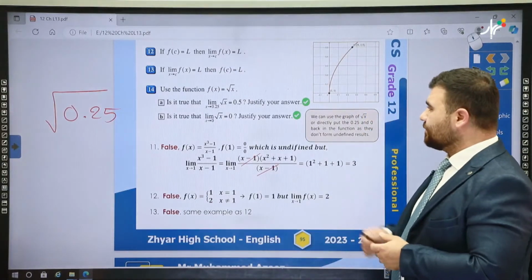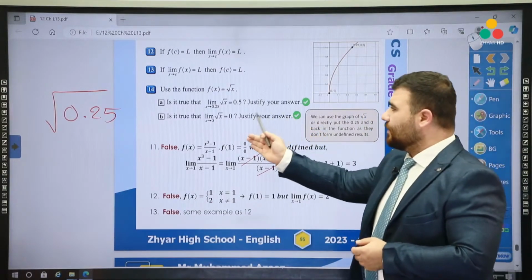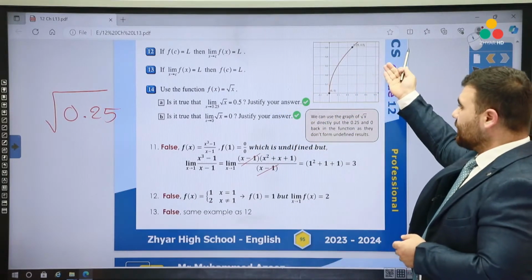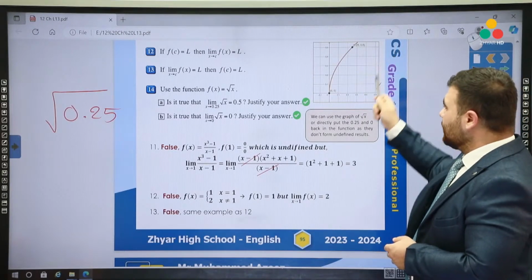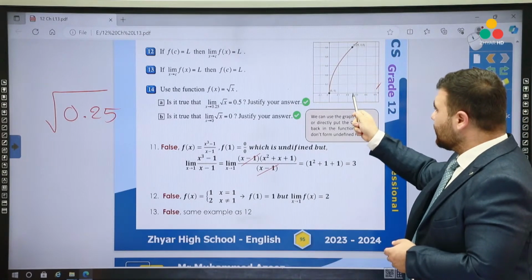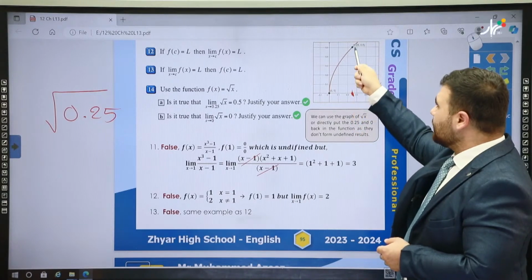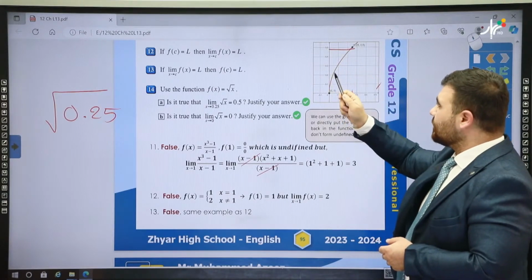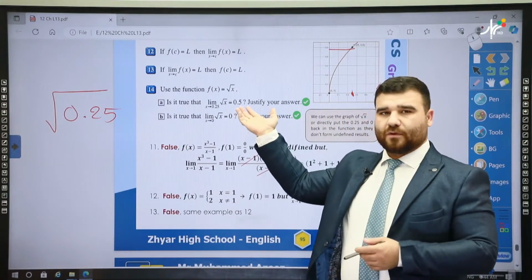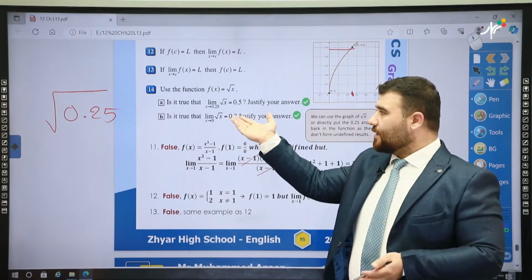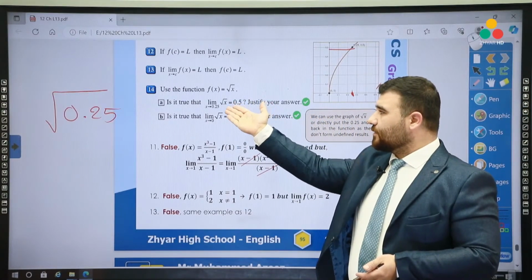It's correct. Justify your answer. We have the graph to justify. This is the graph of square root x. When x is 0.25, the result is 0.5. Or we can say, since it's not fraction to form an undefined form, then we can directly substitute and we will get the result.